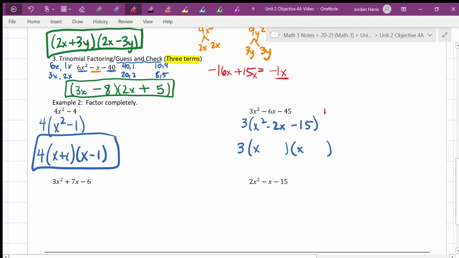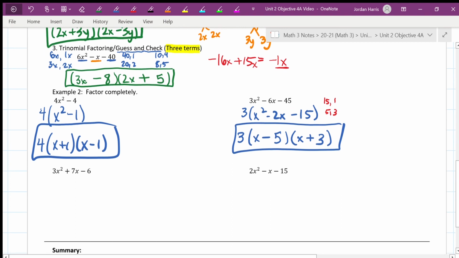So I have 15 and 1 and 5 and 3. And the only one that could possibly make a 2 is the 5 and 3. And it's negative, so I want the bigger one to be negative, the smaller one to be positive, right? Because I have to make a -15 and a -2x. And we could check. -5x plus 3x, -2x, done.